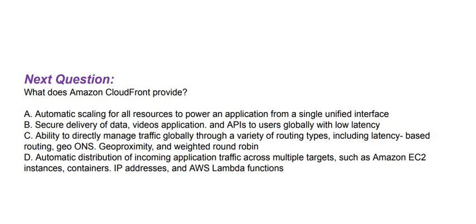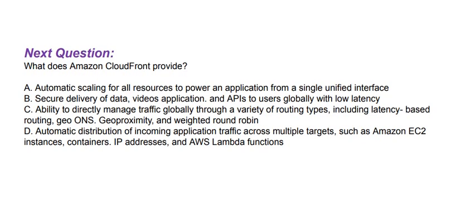Option C. Ability to directly manage traffic globally through a variety of routing types, including latency-based routing, geo DNS, geoproximity, and weighted round-robin. And option D. Automatic distribution of incoming application traffic across multiple targets such as Amazon EC2 instances, containers, IP addresses, and AWS Lambda functions. The correct answer is option A.